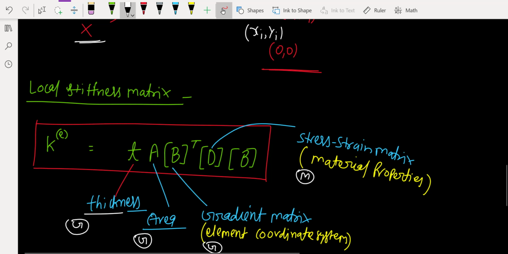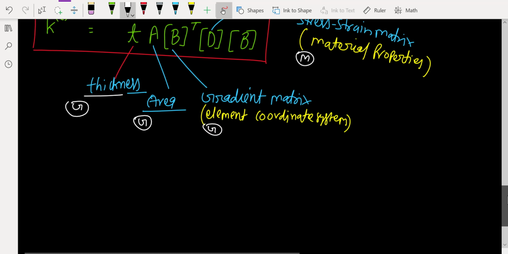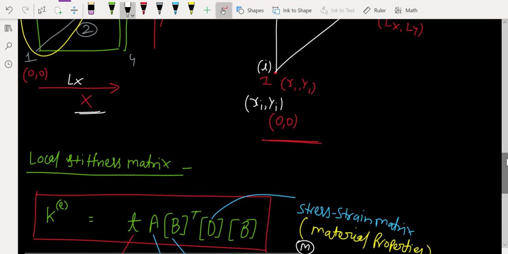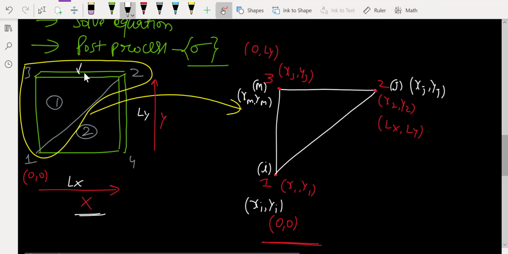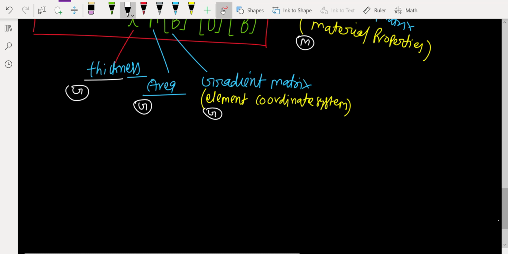Now how do we compute these? First, T you can directly compute, because the thickness is already given.